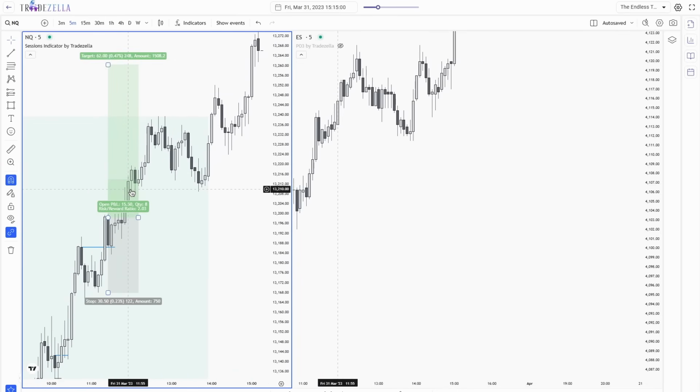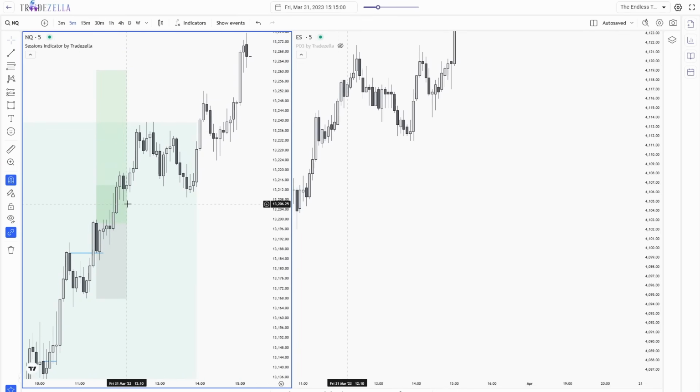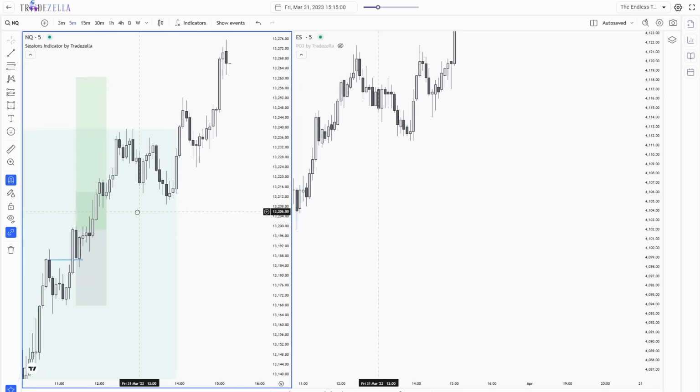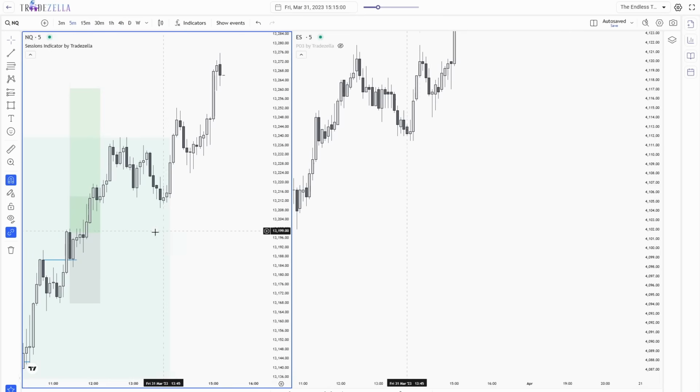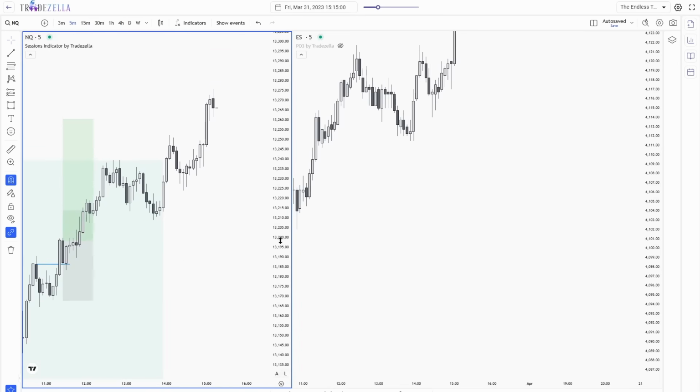We acted a bit cautious. We trailed the stop loss too much, but I'm doing this on the days in which we are not expecting that much expansion. So yeah, this was the trade.